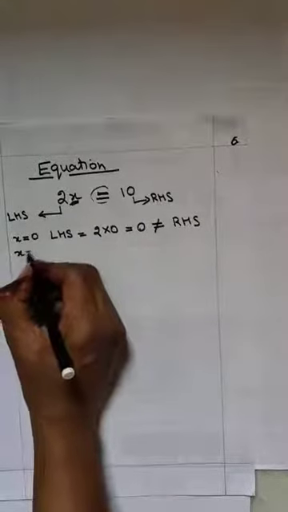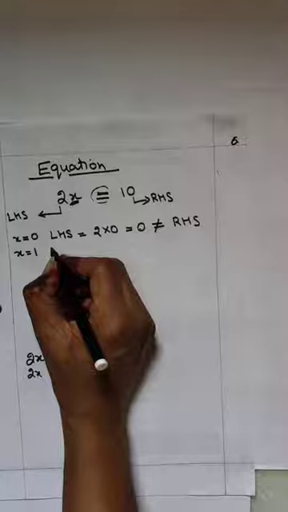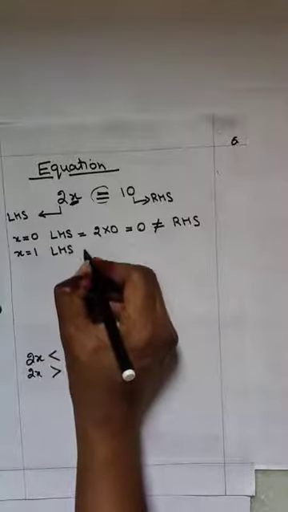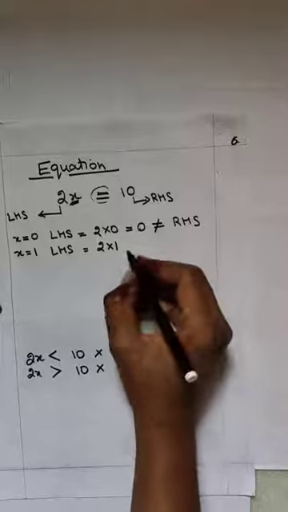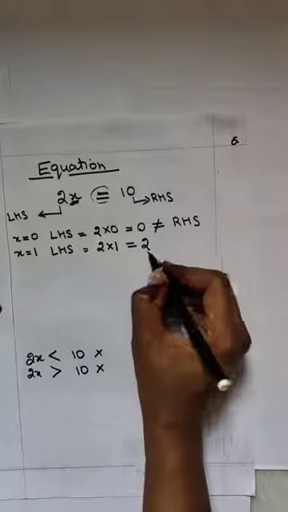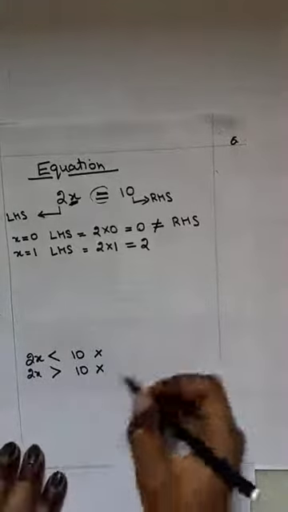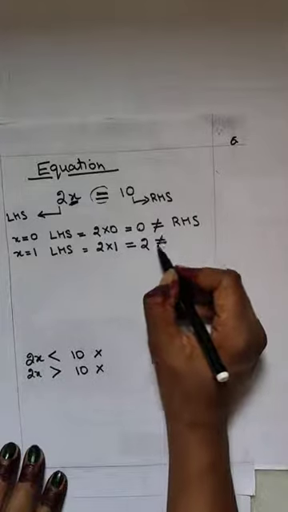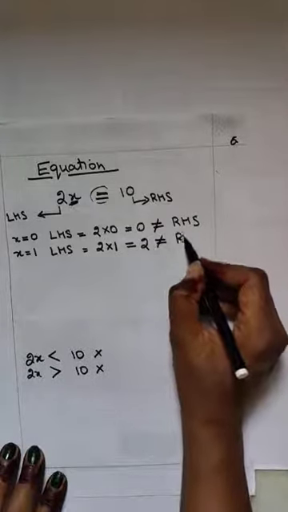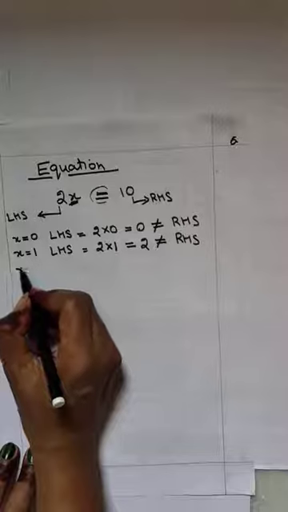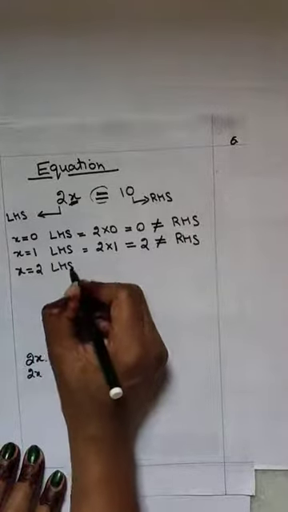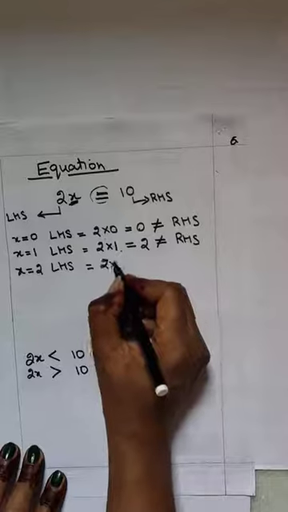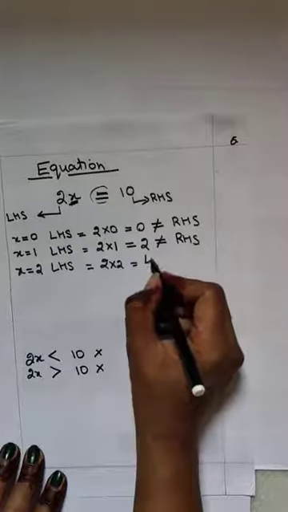Now we take x equal to 1. Left hand side is 2 multiplied by 1, which is equal to 2. Is this equal to right hand side? No, again not equal. Now x equal to 2. It is 2 multiplied by 2, 4.